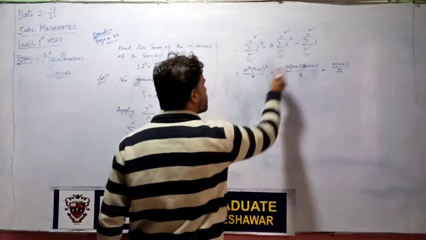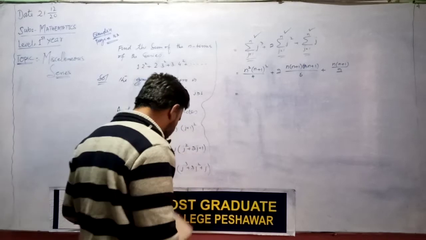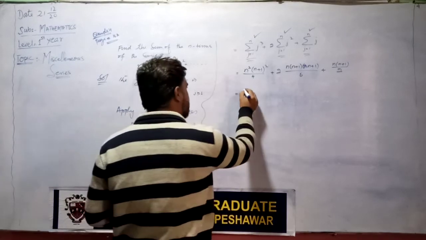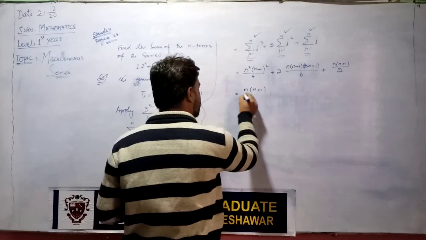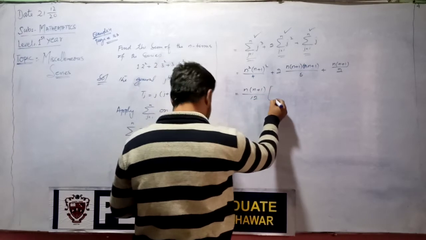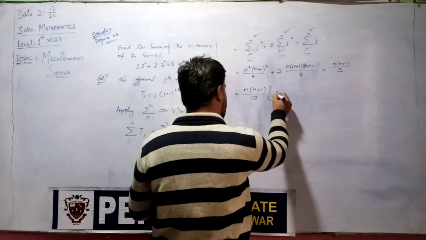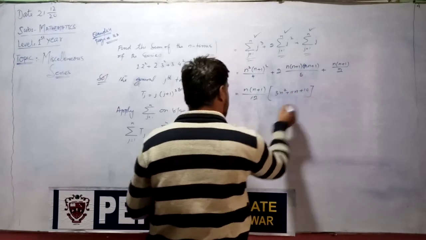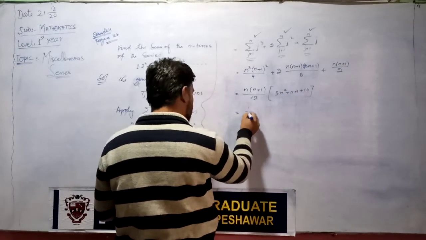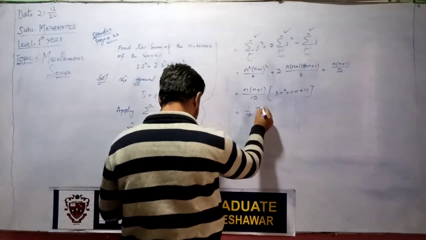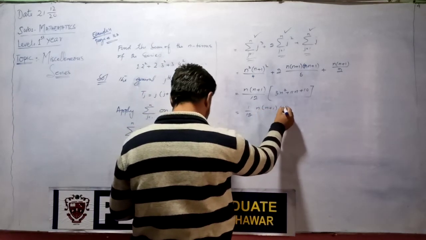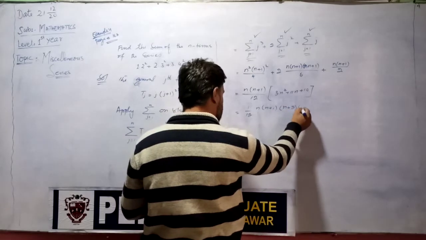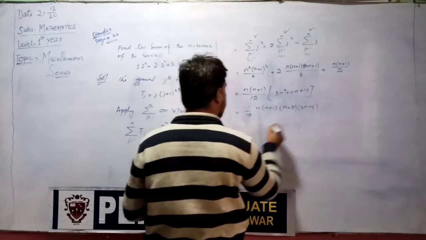We put in all those 3 formulas. Now by simplification, you can do it easily: n times (n plus 1) divided by 12, and this becomes 3n squared plus 11n plus 10. And lastly we get 1 by 12, n times (n plus 1) times (n plus 2) times (3n plus 5).